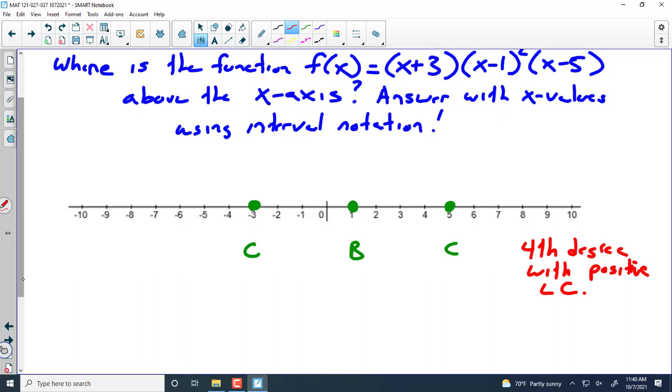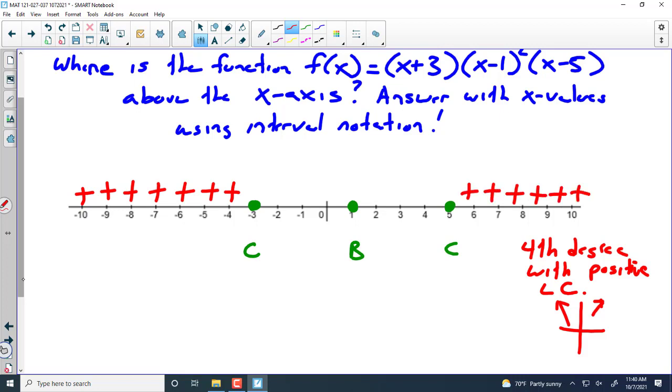If it's a positive leading coefficient, what does this one do? Up on both sides. Everyone agree with that? So that means on either end of the graph, because it goes up on both sides, this has got to be above the x-axis. It's got to be if it goes up on both sides.